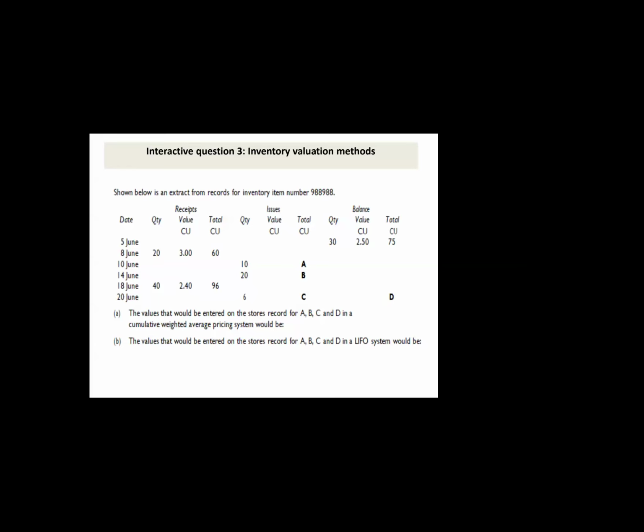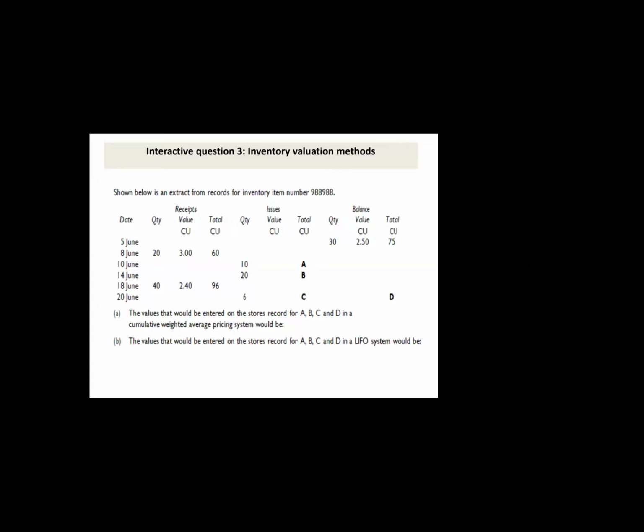So the value that would be entered on the store's record A, B, C, and D in a cumulative weighted average pricing system. Now calculate under the cumulative weighted average pricing system A, B, C, D. So what will be the value of A? That is, issued 10 units at total value, and 20 units total value.